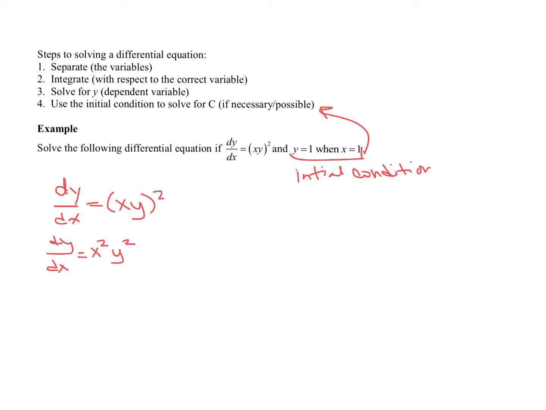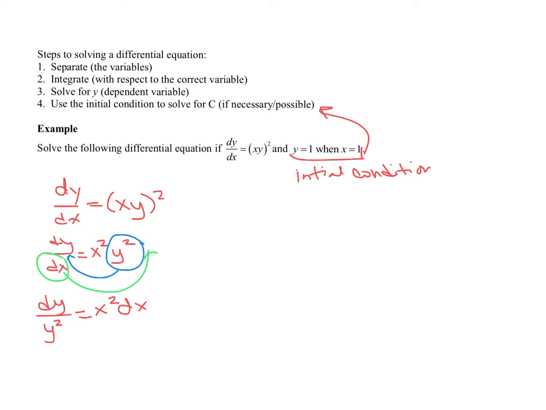The next thing I'm going to do is take this y squared and move it over to the side with the y, and take this dx and move it over to the side with the x. It's like I'm dividing both sides by y squared. So I get dy over y squared, and I'm multiplying both sides by dx.